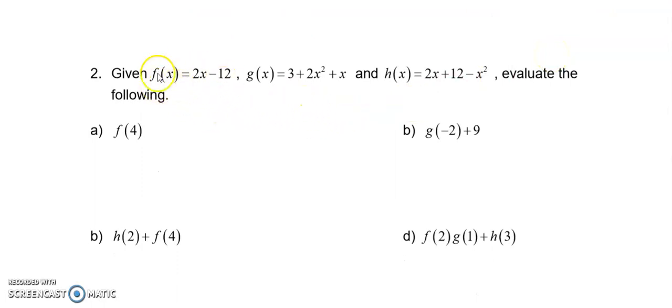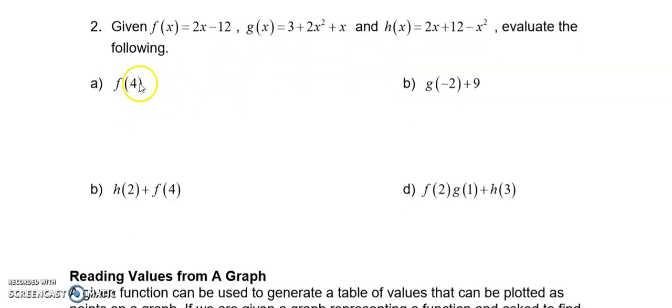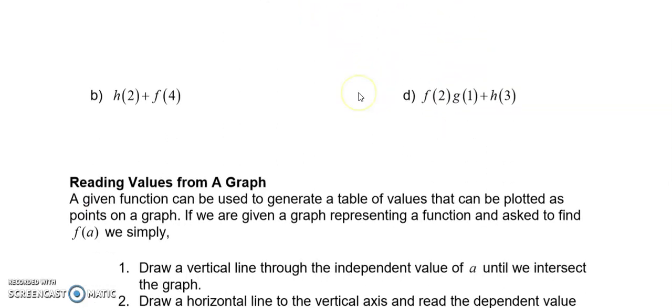Now here you have a function f of x, you have another function g of x, and there's a third function h of x. Well, all you need to do is replace in part A, in the function f, your x with a 4. Well, that's easy enough. In the function g, this is part B now, replace the x with a -2. Well, that looks easy enough. And C and D are also relatively straightforward.